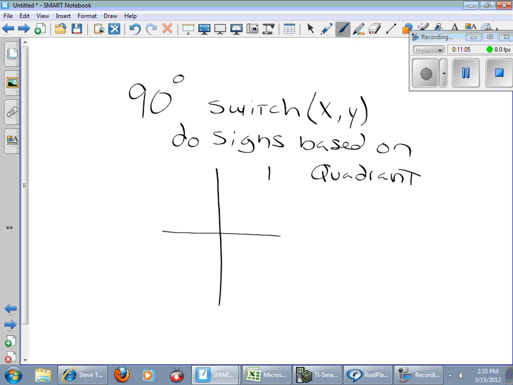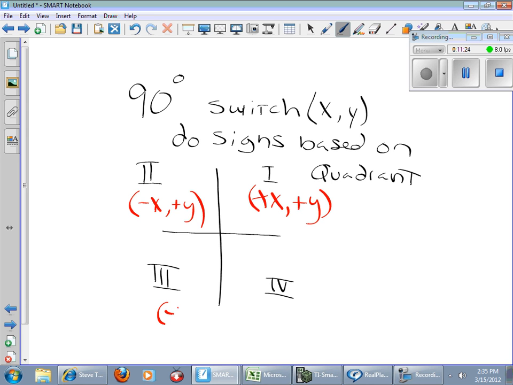And remember, this is quadrant 1, quadrant 2, quadrant 3, and quadrant 4. If you end up in quadrant 1, you'll have positive X, positive Y. If you're in quadrant 2, you have -X, positive Y. Quadrant 3, they're both negative. And quadrant 4, you have positive X and -Y.